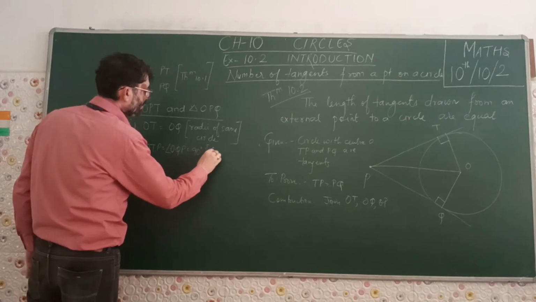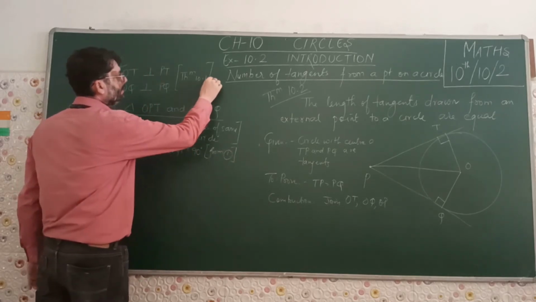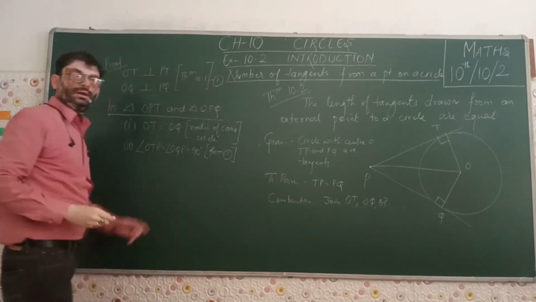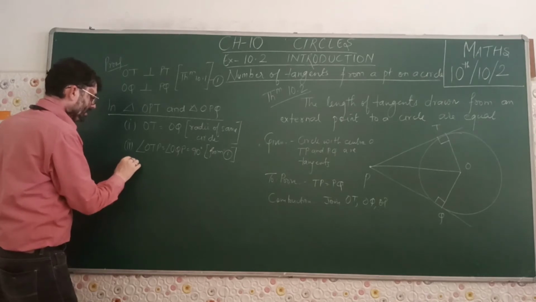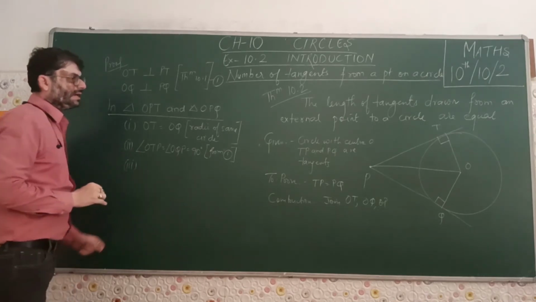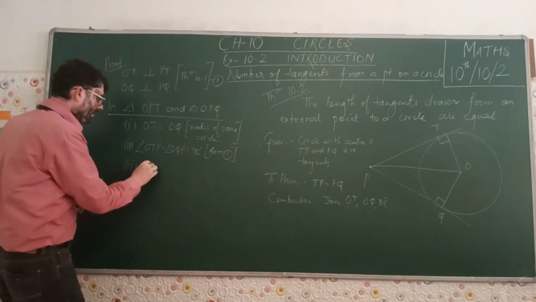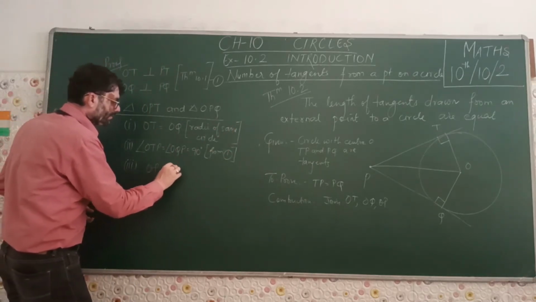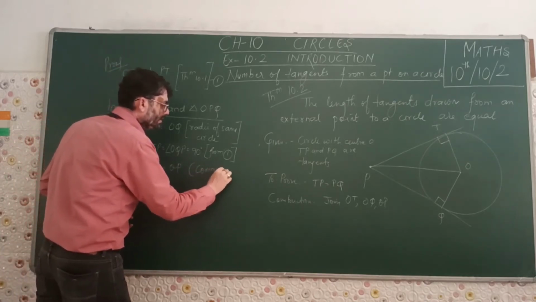We can say this from equation number 1. So we have got two things. And the third thing that we can say, in both the triangles, OP is common to both the triangles. So we can say OP is equal to OP, and that is common to both the triangles.